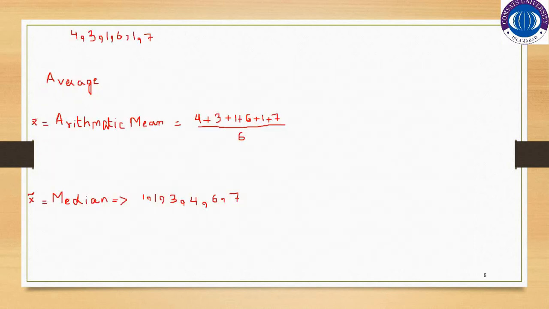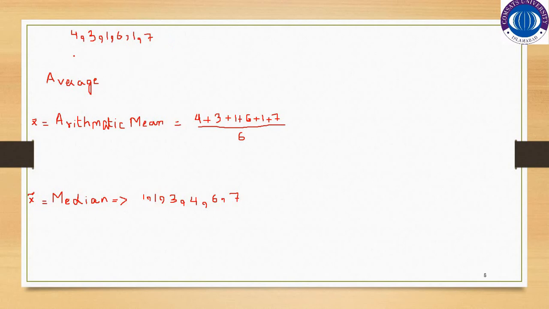So let's suppose you have plants in a room, and these are the heights of plants in inches. So this is 4 inches, 3 inches, 1 inch, 6, 1 and 7. You have 6 plants in a room, and these are the heights of the plants.